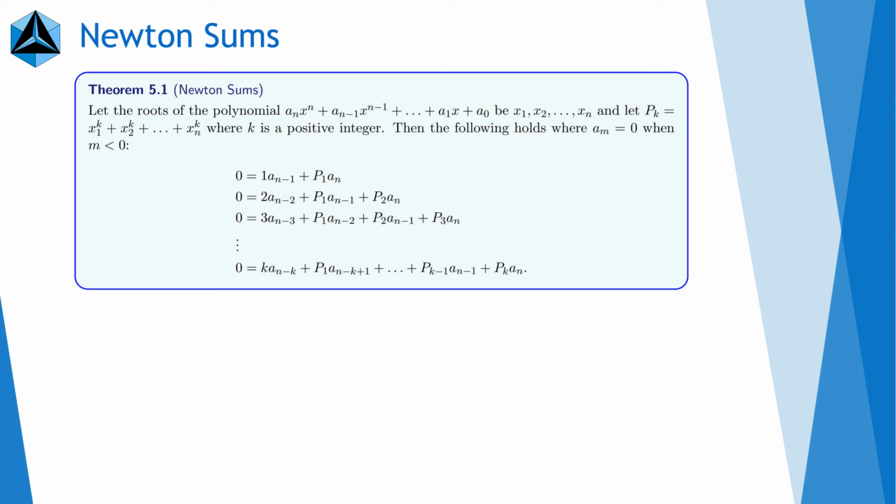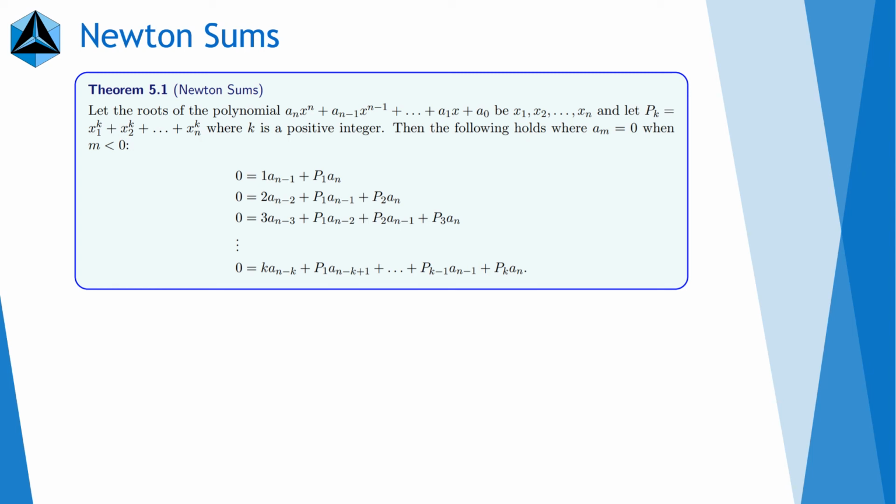So to combat this, we have something called Newton sums. I don't know if it was Newton who made these or if it was just named after him, but either way, they exist. So it goes as follows. Let the roots of the polynomial a sub n times x to the n, you get the story, be x1, x2, all the way up to xn, and let p sub k equal x1 to the kth power plus x2 to the kth power plus dot dot dot plus xn to the kth power, where k is a positive integer.